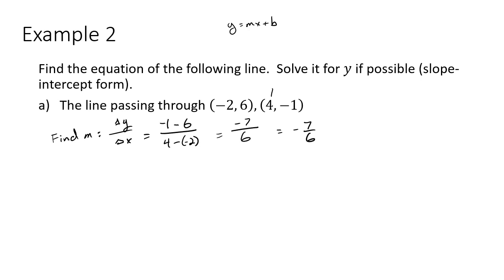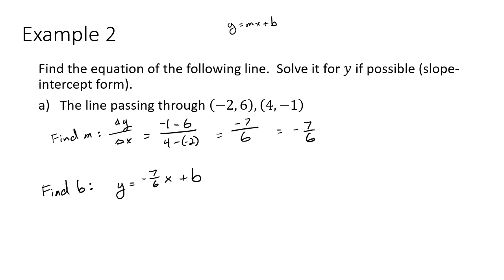The second step is to find b, the y-intercept. And the way I go about this is, now that we know what m is, our equation is currently in the state y is equal to -7/6 x plus b.